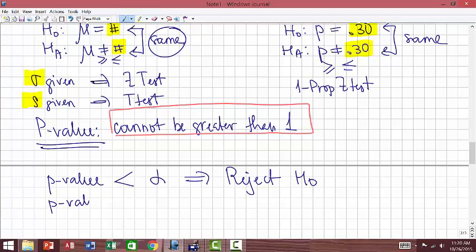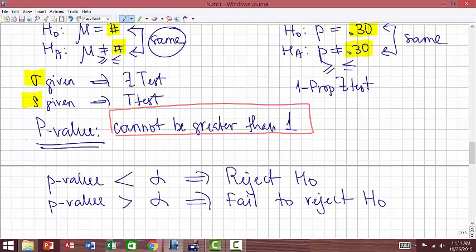If p-value is larger than alpha, we fail to reject H naught. We say there is insufficient evidence to conclude the alternative, right? So we cannot reject the null.